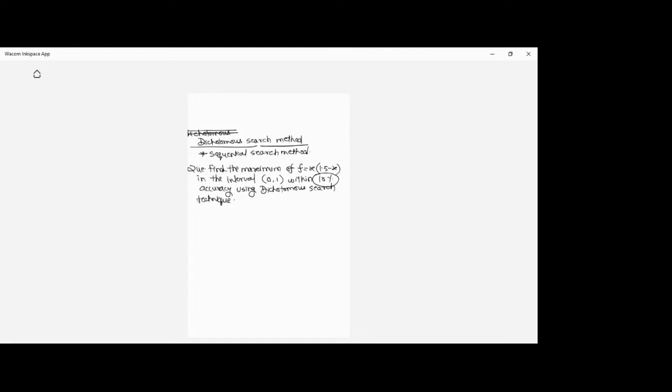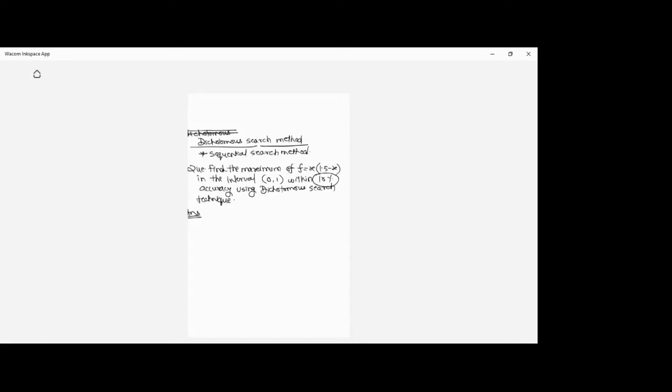As of now, we are not going to deal with or consider 10% accuracy. I'll tell you when it has significance after completely solving this numerical. Now let's try to solve this numerical.